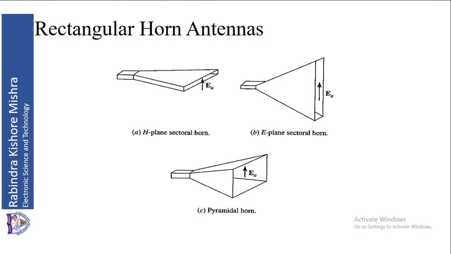So always, when you go to the design of the horn antenna, the electric field will be along the y-axis, along the height of the aperture, not along the breadth of the aperture. Along the breadth the variation will be a cosine variation. So there will be a cosine distribution along the breadth, but along the height it will remain constant.